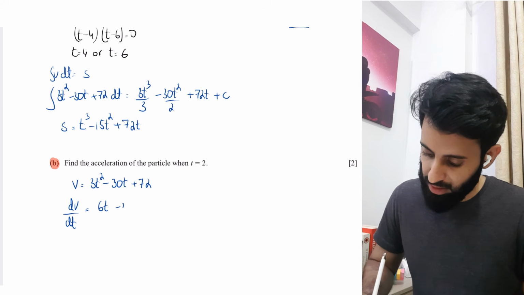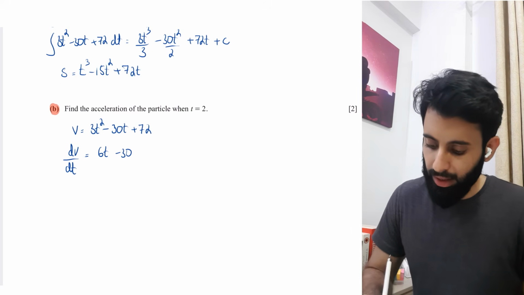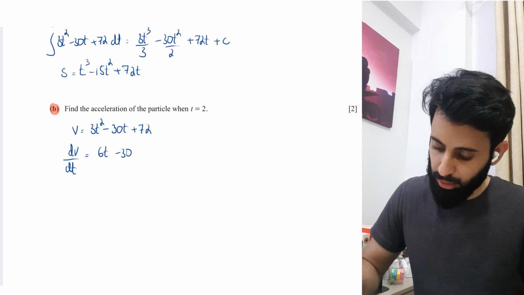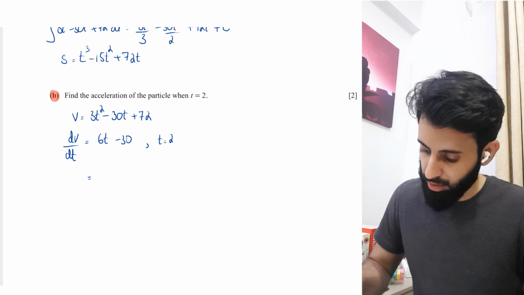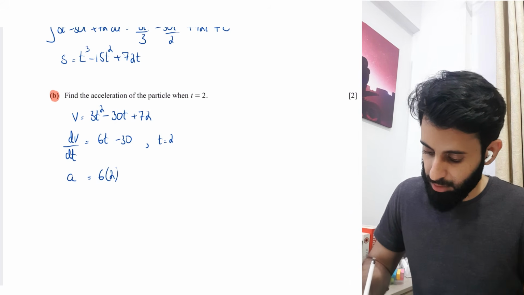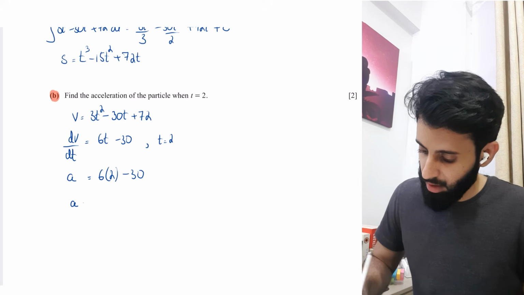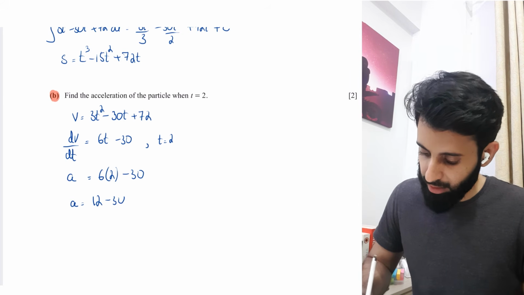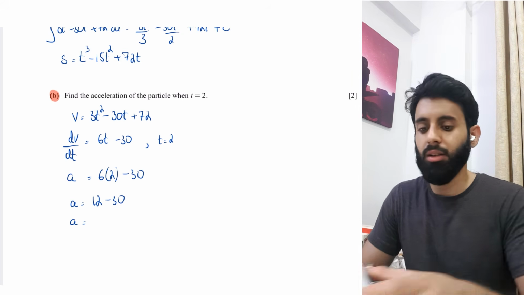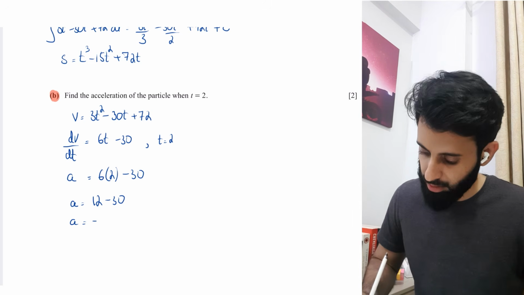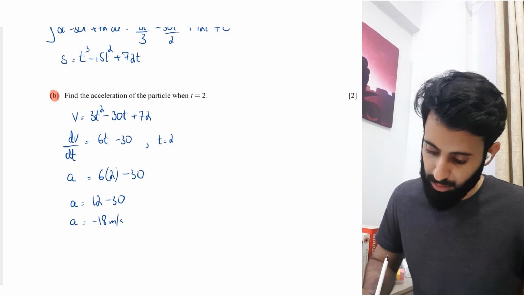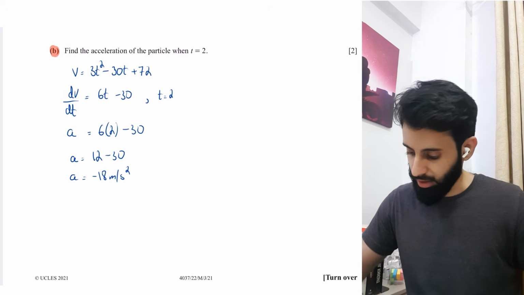So you're looking at 6t − 30, and then you plug in 2 in place of t. 6 times 2 minus 30. So a = 12 − 30, which is −18 meters per second squared, because that's the unit of acceleration.